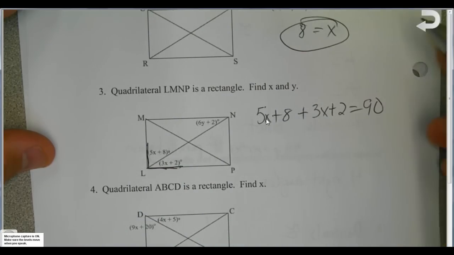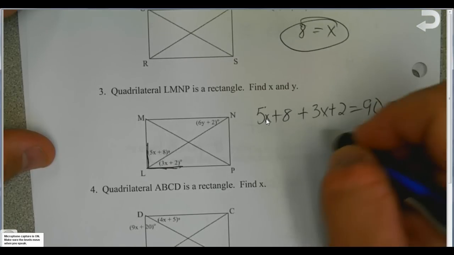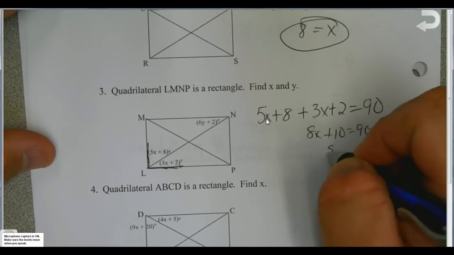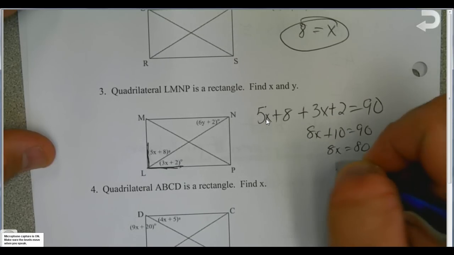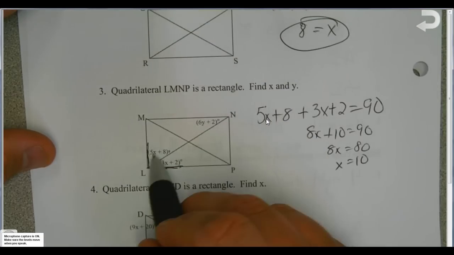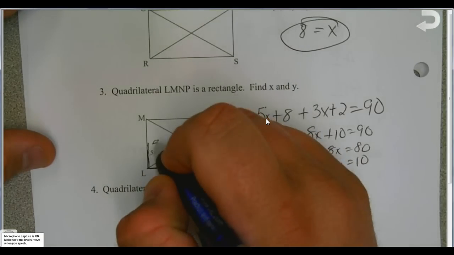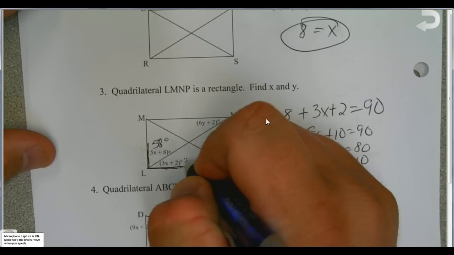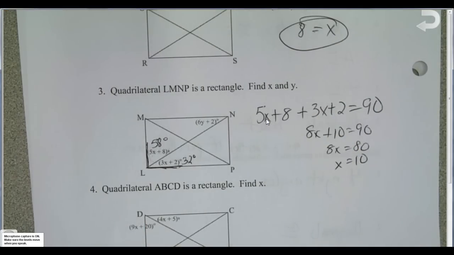And so 8x plus 10 is equal to 90. 8x is equal to 80, x is equal to 10. And so this angle is equal to 58, and this angle is equal to 32.